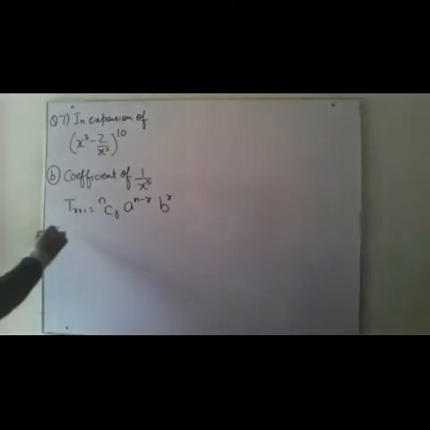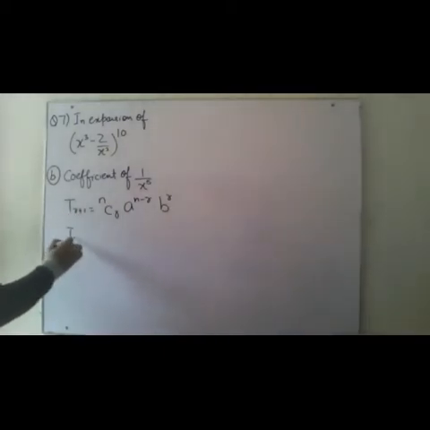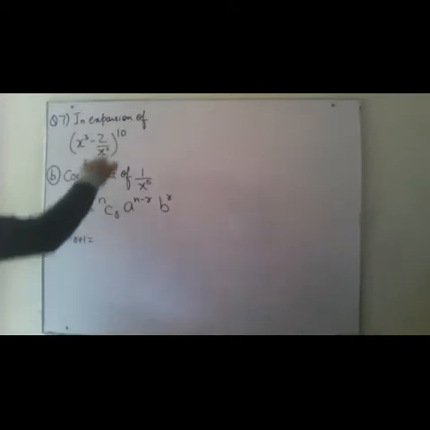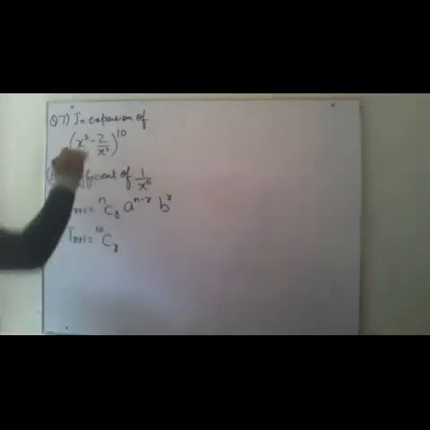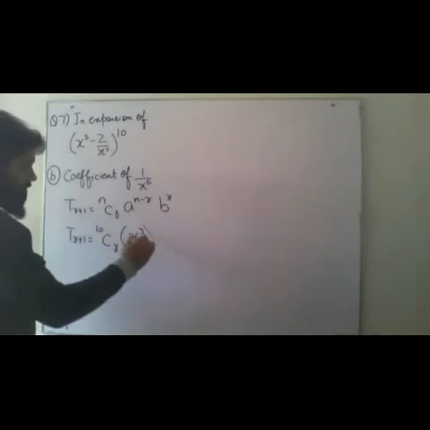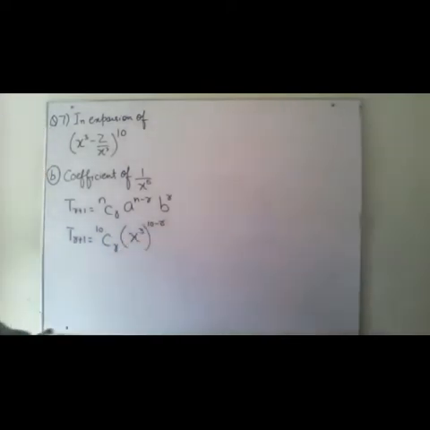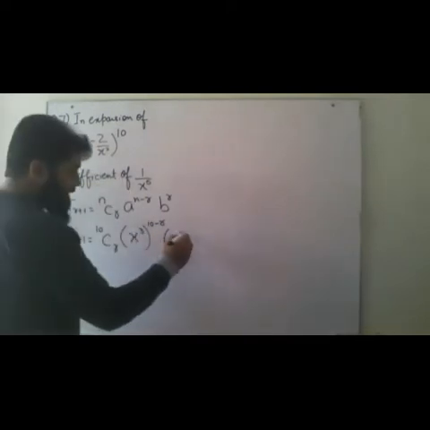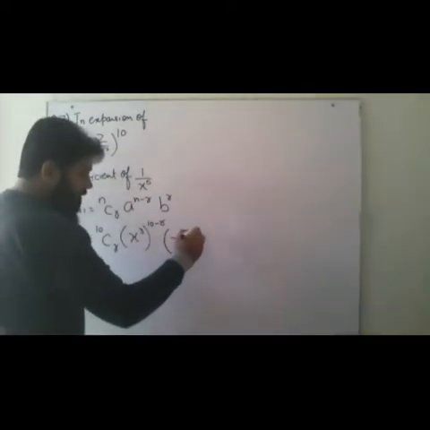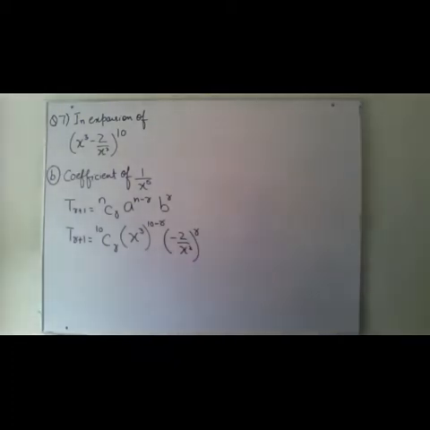Okay. Now, what is R? I don't know, so I'm writing R plus 1. N, what is N given? 10. C R, again I don't know, I have written R. A represents the first term, x cube, to the power 10 minus R. And then B is minus 2 over x square whole power R. What I have done is this is the general form of the binomial expansion, the general term formula.